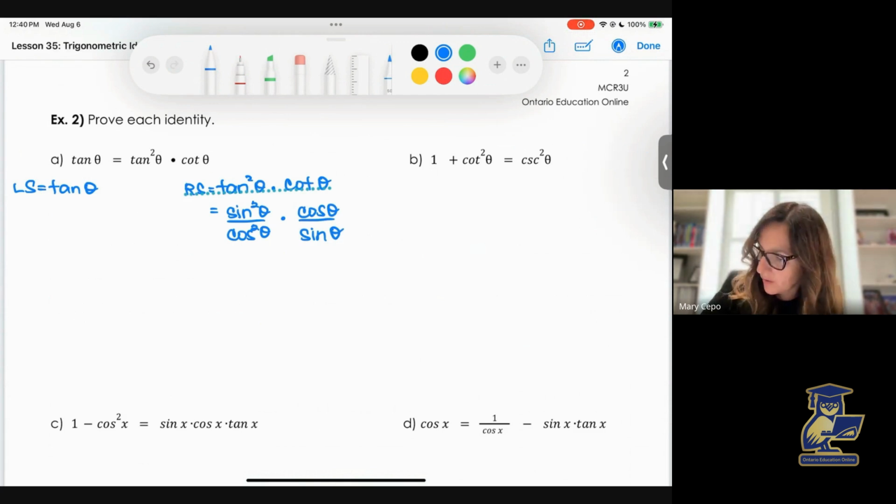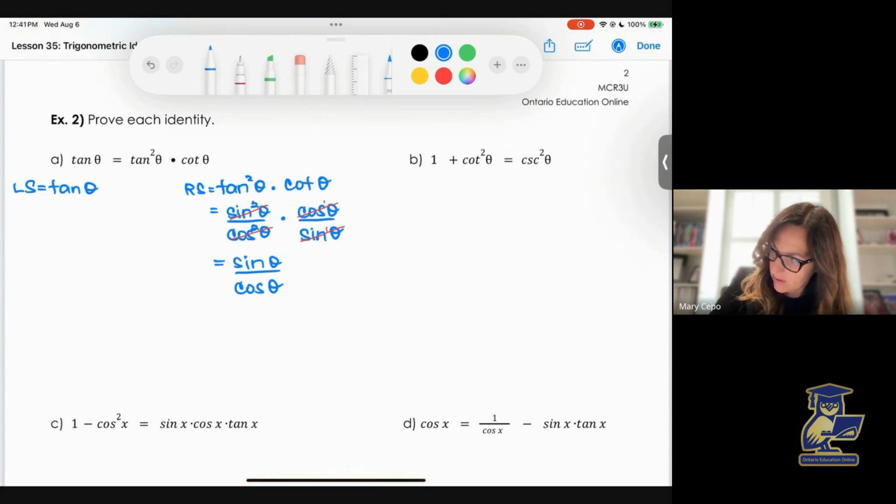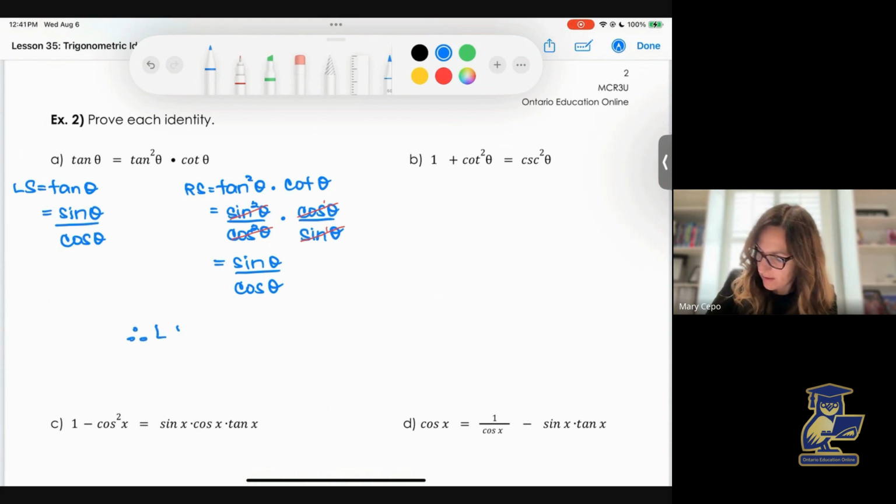Now, there's two cosines in the denominator, one in the numerator, so those cancel out, and we are left with sine theta over cosine theta. So then looking at the left side, tan theta, we know according to our quotient identities that that would be sine theta over cosine theta. And we've shown that therefore left side is equal to your right side.